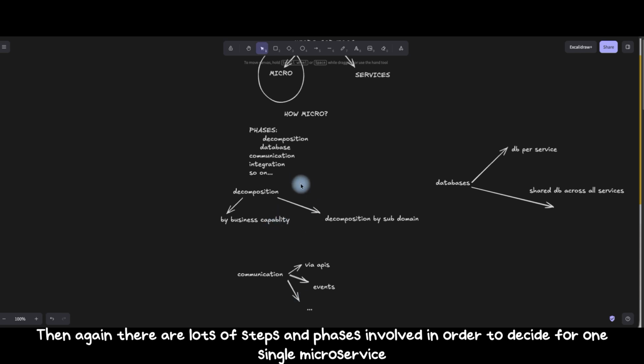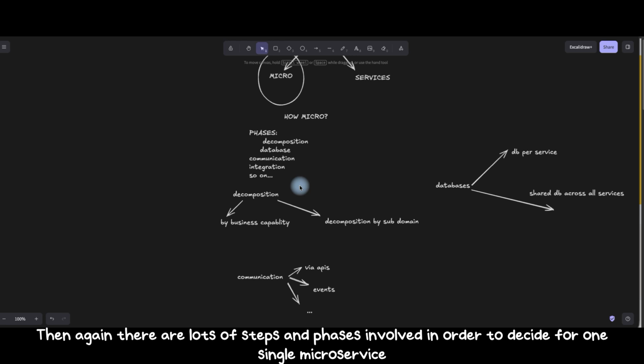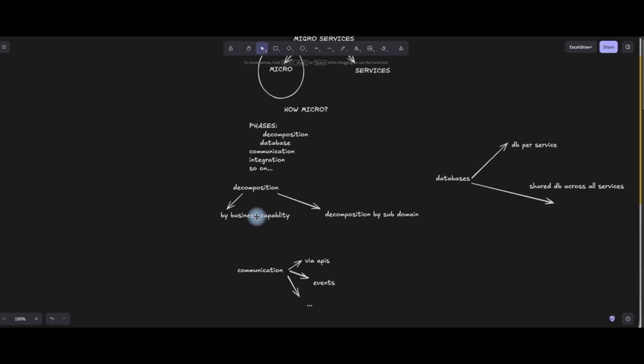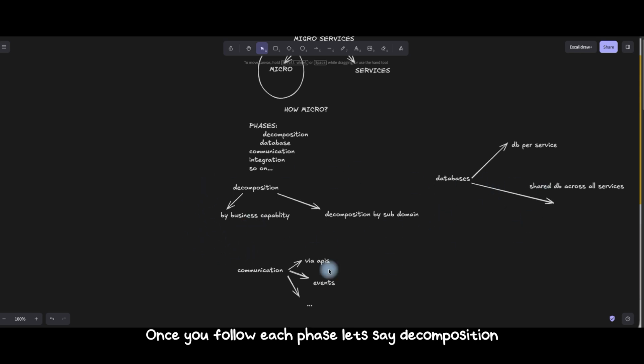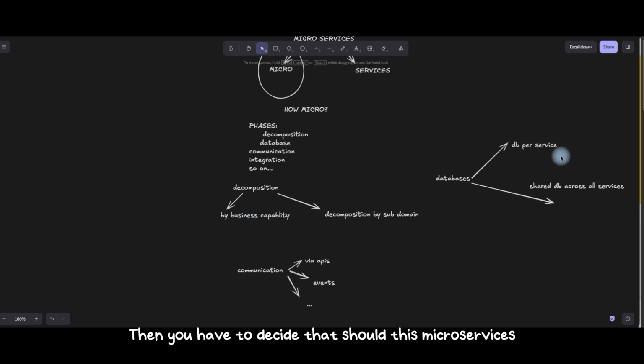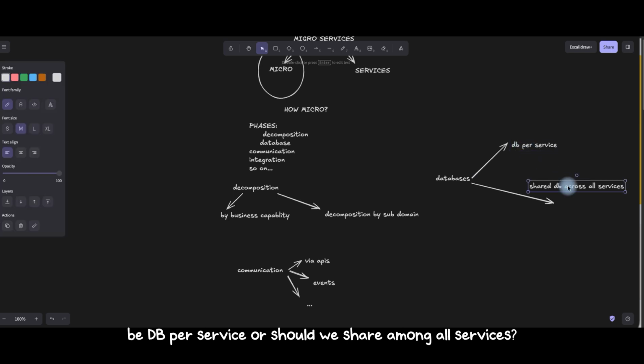Then again, there are lots and lots of phases and steps involved in order to decide for one single microservice. You may decide, okay, we will decompose it by business capability. Then you have to decide whether this microservice should be DB per service, or share among all services.